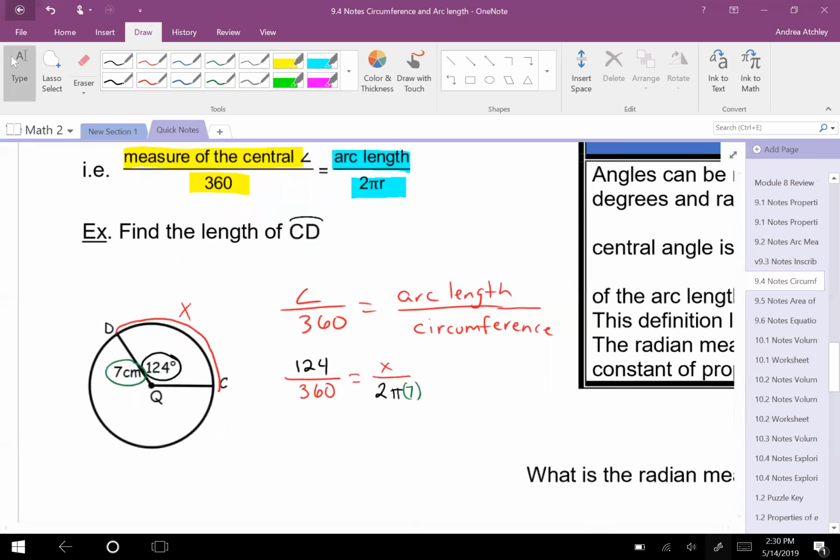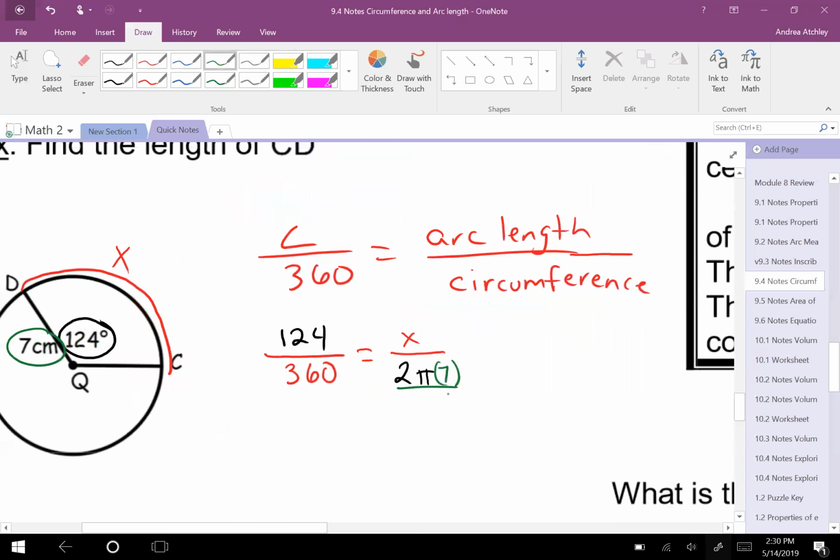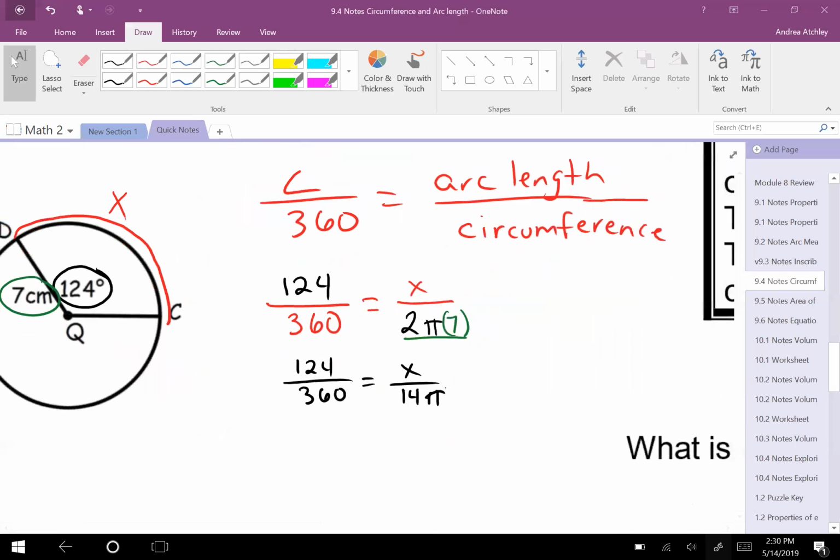I'm going to simplify this piece first before I go any further. That gives me 124 over 360 is equal to x over 14 pi. We're going to cross multiply. So this times this and bring it down.